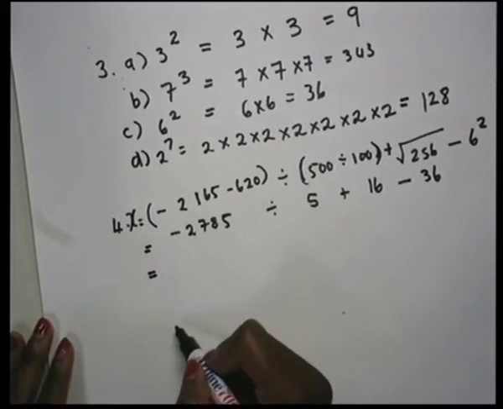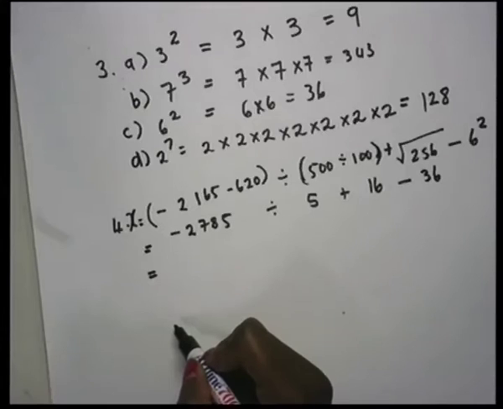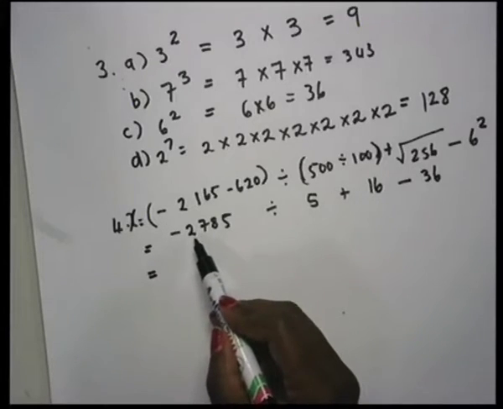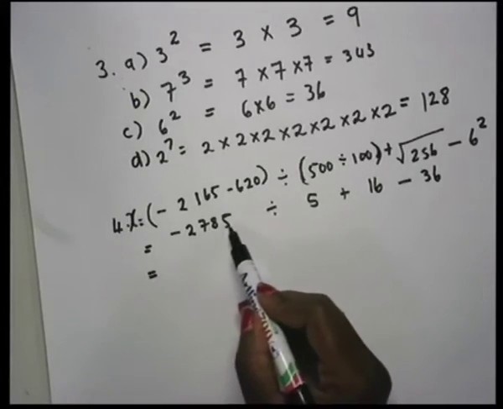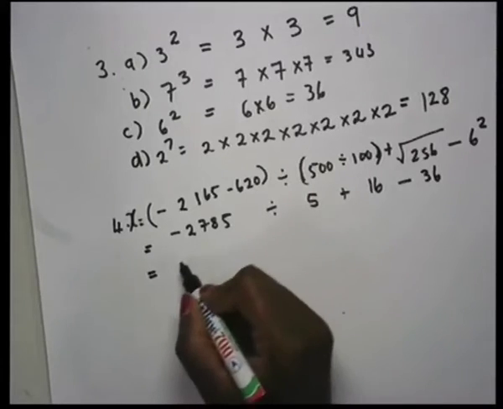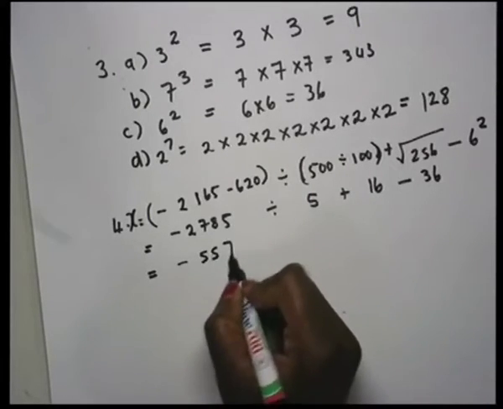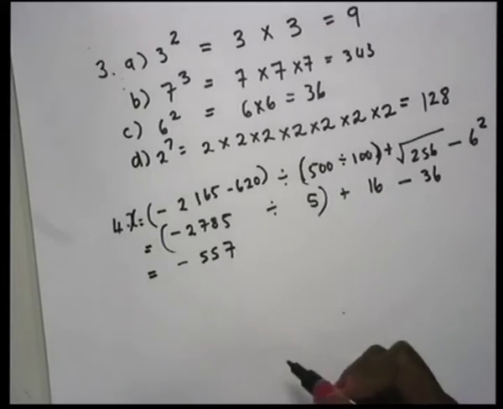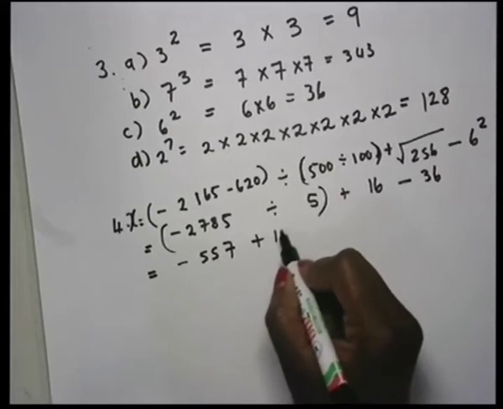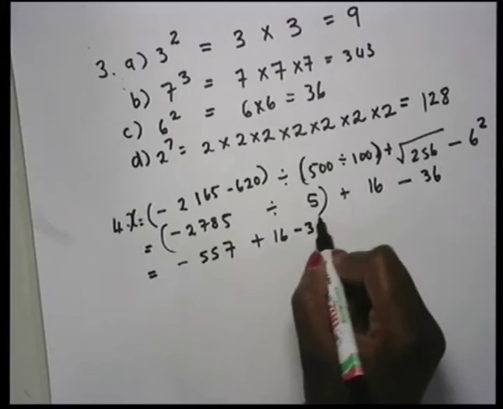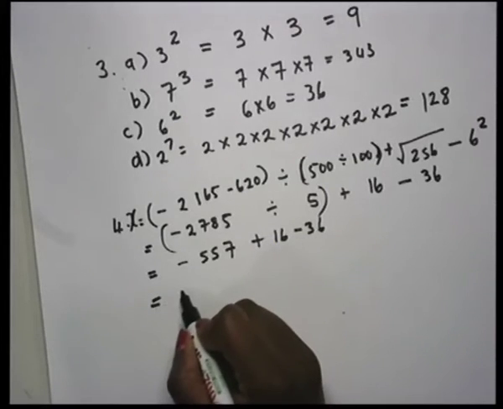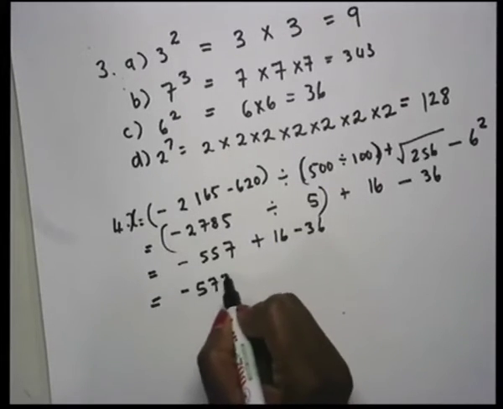So in this case, we are going to say negative 2,785 divided by 5 is equal to negative 557. I'm going to put that in a bracket. And then we're going to plus 16 and less 36, which is equal to negative 577.